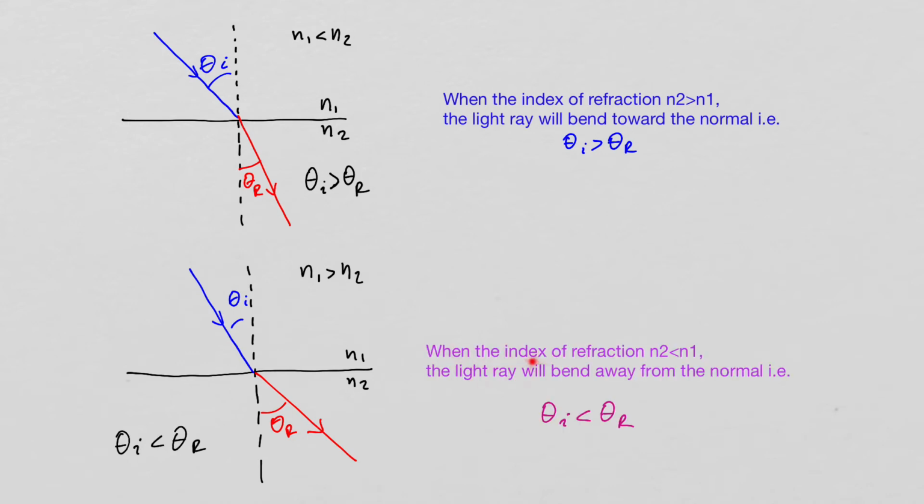So when the index of refraction n2 is less than the index of refraction of the first medium n1, the light ray will bend away from the normal, or in other words, the angle of incidence is smaller than the angle of refraction.